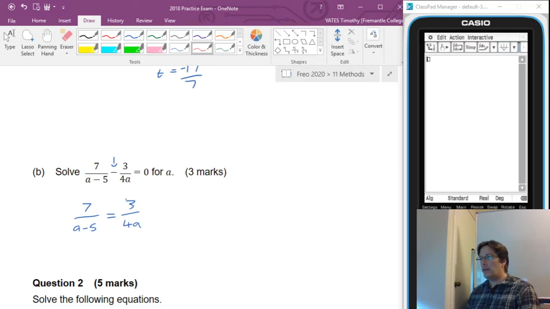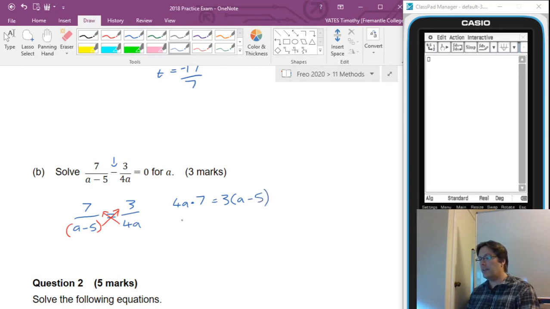What we can do now is cross multiply, remembering that this is effectively in brackets, so I'm just multiplying both sides by 4a and both sides by a minus 5, which ends up giving me 4a times 7 equals 3 brackets a minus 5.